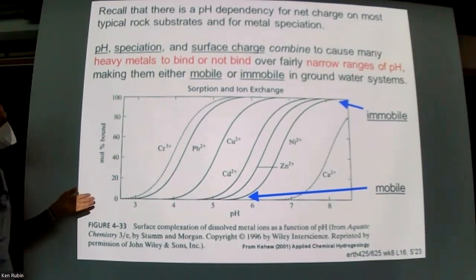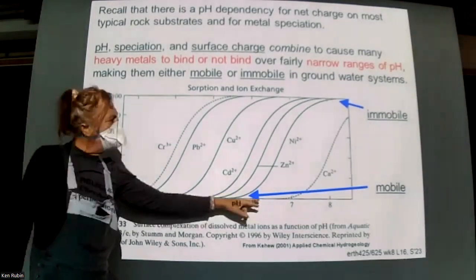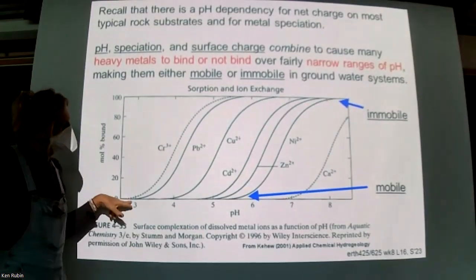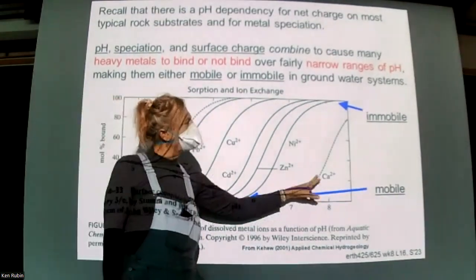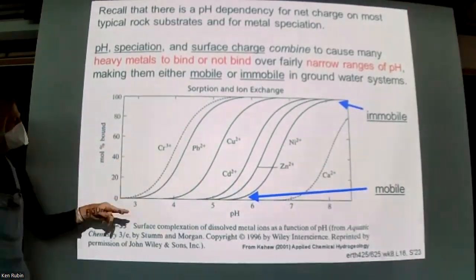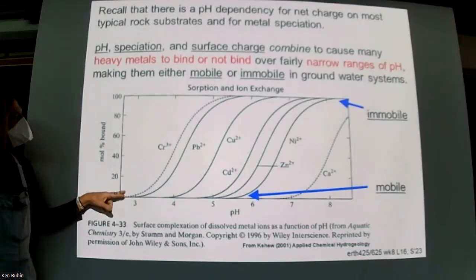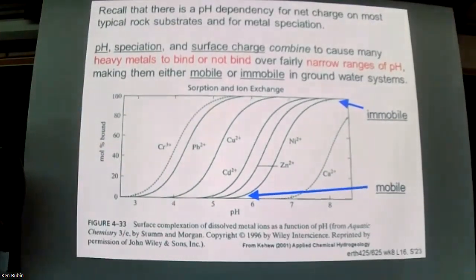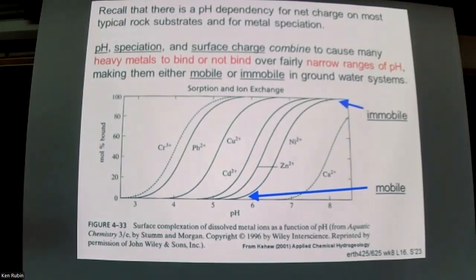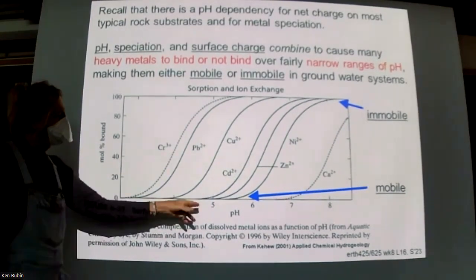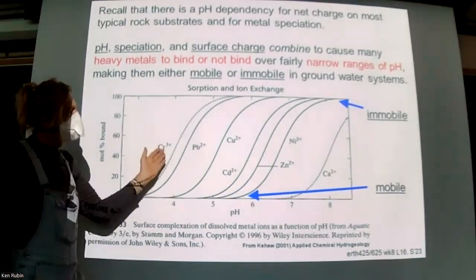And so you can see here that some elements, for instance calcium, are not bound all the way from these acidic pHs up to neutral, and then it starts to slowly become bound. Whereas something down here, like chromium +3, unless you're in a very acidic medium, by the time you're at pH 5, it's basically 100% bound. So chromium will be separated from calcium as water flows through, let's say at a pH of 5 or 6: stuck and not stuck.